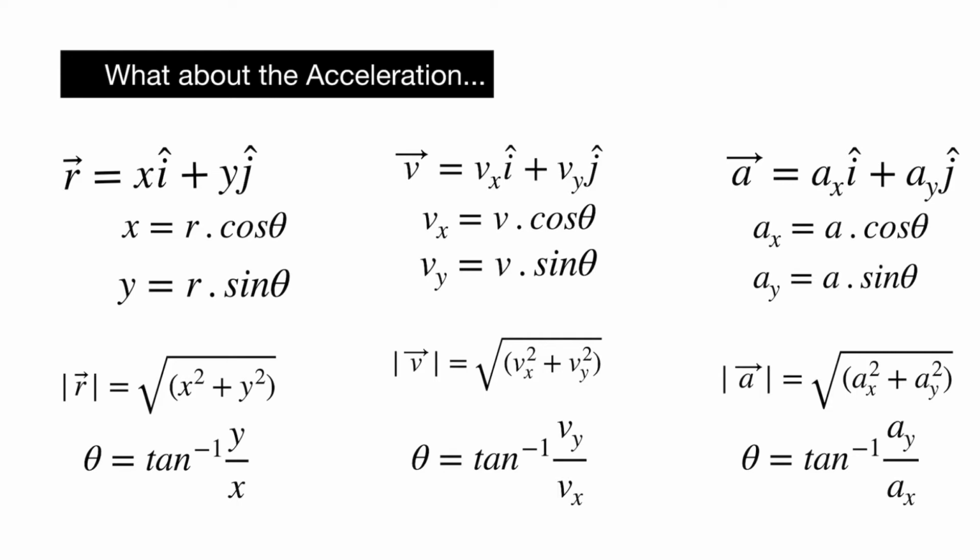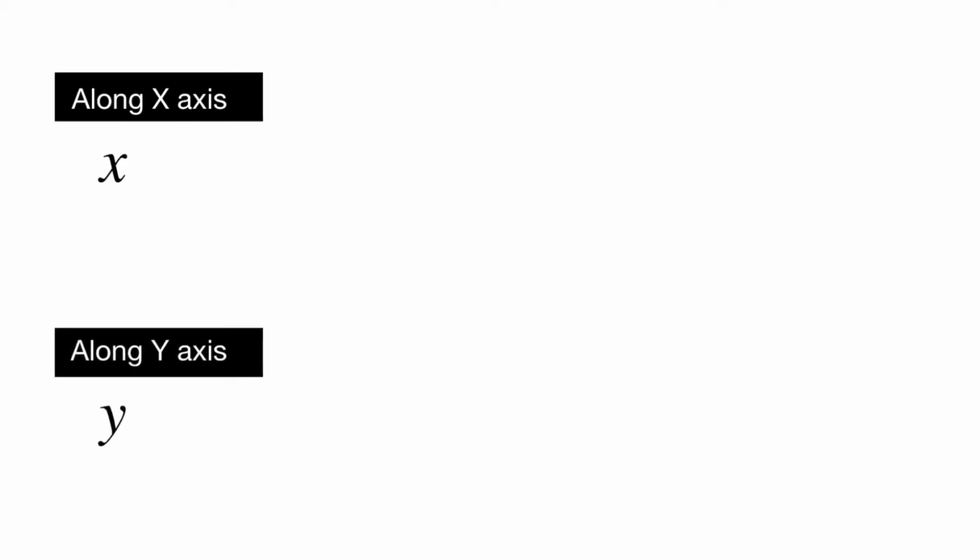So we have seen that the position vector, the velocity vector, and the acceleration vector can be presented in component form. So the motion in a plane can be considered as a combination of two rectilinear motions along x and y direction. Along the x-axis the displacement is x, and along the y-axis the displacement is y.